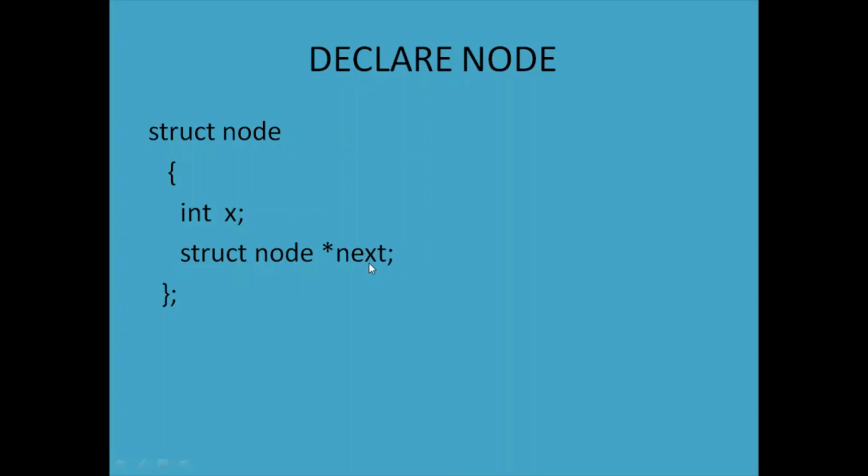In this way, I declare a node, and each time only a single node is declared. So only as many nodes as are required can be created. This particular node is not declared at compile time, but it is declared at runtime. So when you run the program, at that time these nodes will be created.